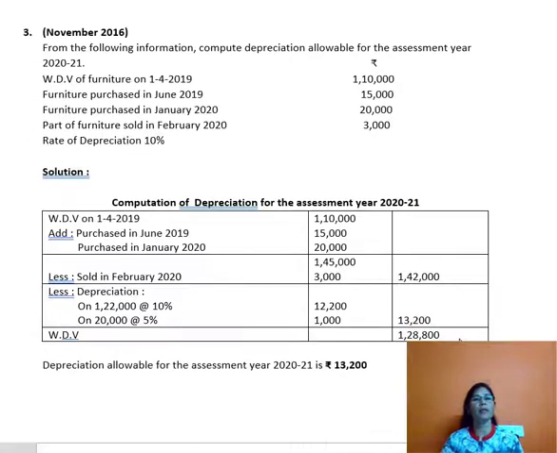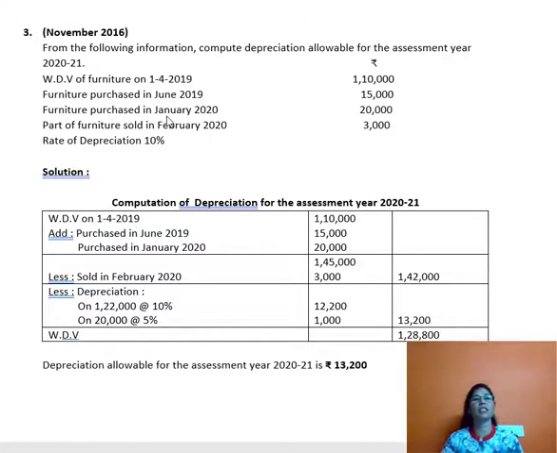Let us see another problem. This appeared in November 2016. From the following information, compute depreciation allowable for the assessment year 2021. This is regarding furniture. So you can see your written down value on 1st April 2019 is given. Furniture purchased in June 2019 is given.